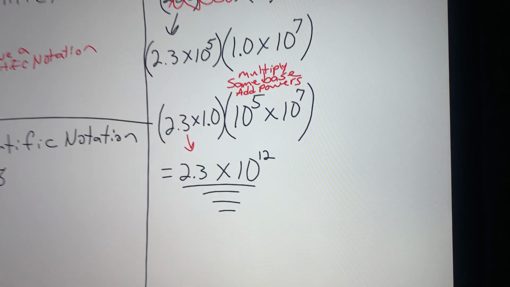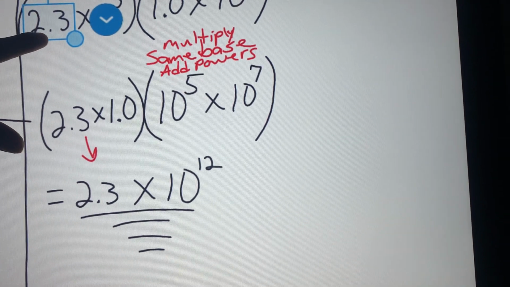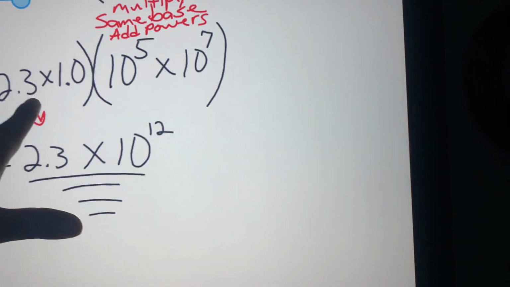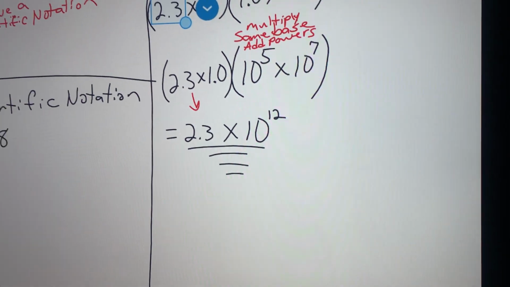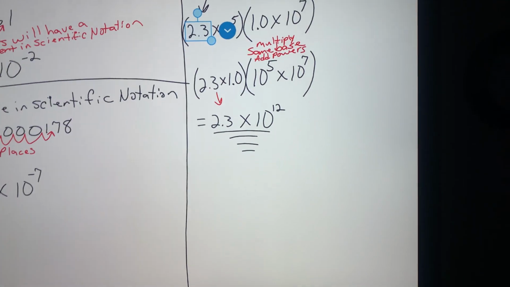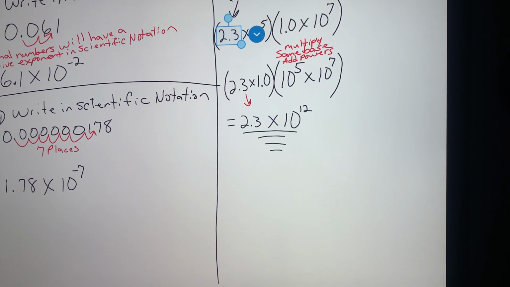And then we take the numbers 1.3 and 1.1 and multiply those together, and we put the powers of 10 together, because now we have the same base.